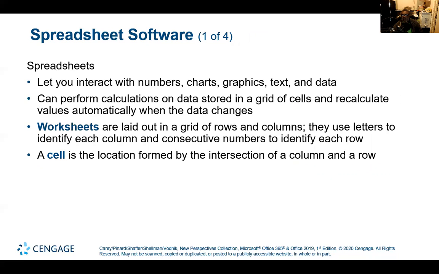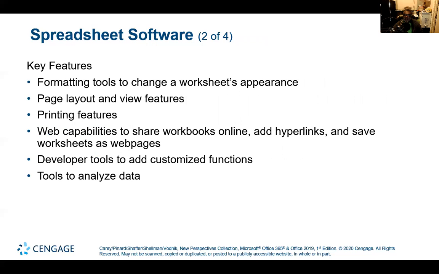Spreadsheet software lets you interact with numbers, charts, graphs, text, data. It can perform calculations on the data stored in a grid of cells and recalculate values automatically when data changes. Worksheets are laid out in a grid of rows and columns. They use letters to identify each column and consecutive numbers to identify each row. A cell is the location formed by the intersection of a column and a row.